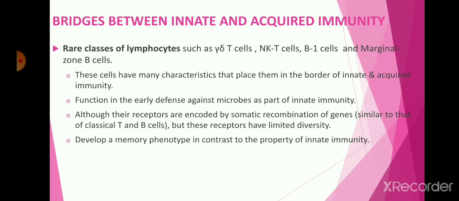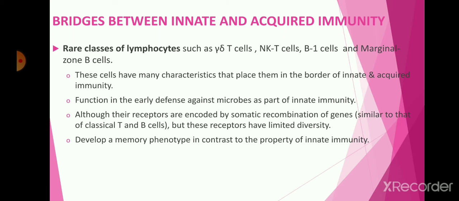Also, although their receptors are encoded by somatic recombination of genes similar to classical T and B cells, these receptors have limited diversity. So these classes have limited diversity, because T cells and B cells have great diversity of antibody production, so that any type of microorganism or antigen can be targeted and killed by these antibodies.